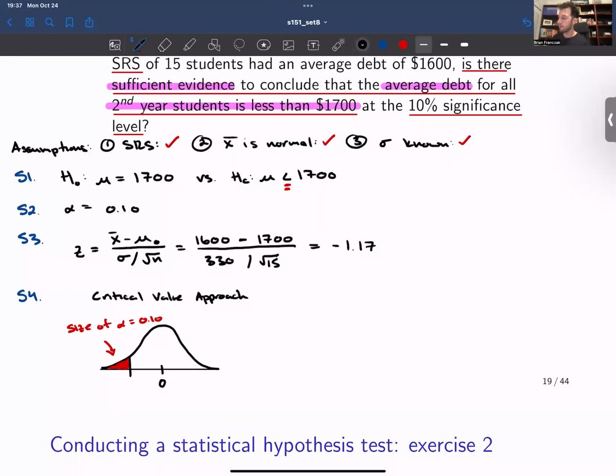This area here is of size alpha equals 0.1. What we have to do next is find the Z score that makes this true, so this is going to be negative z 0.1.